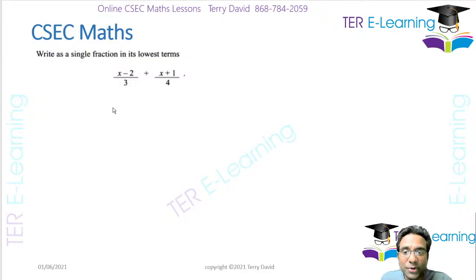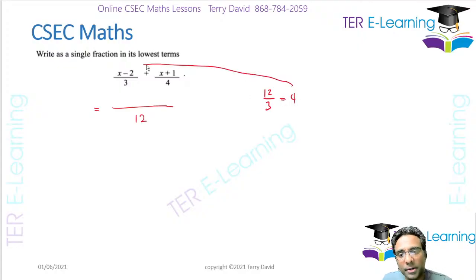So in order to do that, you're going to draw a line here and find the LCM of 3 and 4. The LCM of 3 and 4 is actually 12, right? Then I'm going to say 12 divided by 3 is going to give me 4. I'm going to take that number and multiply it by this, right? So that's going to be 4 multiplied by x minus 2.